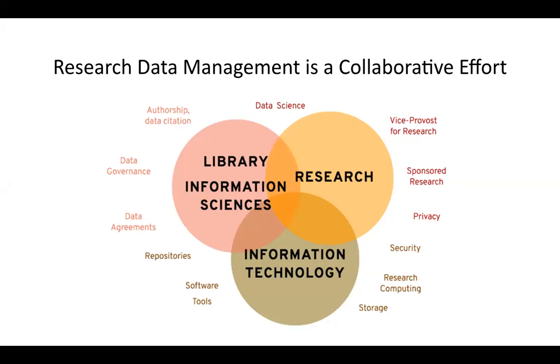In order to successfully maintain data throughout its life cycle, you need input from research administration, information technology, and the library. So throughout this presentation, as you can see, myself, Meghan, and Sarah are from different areas of the university. So we'll point out the areas we can help with and how a network of groups will ultimately lead to more cohesive management of your data.